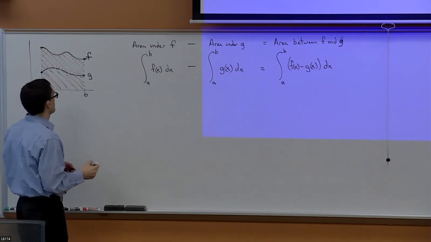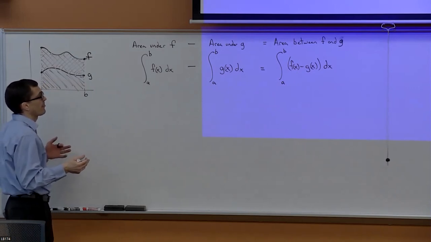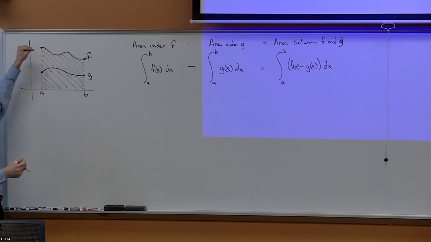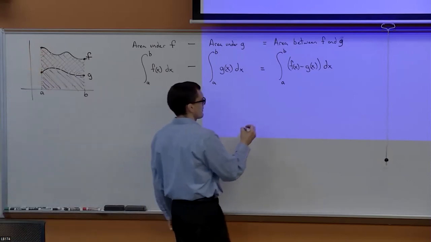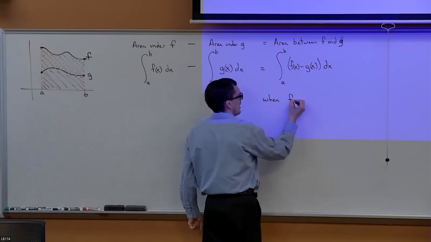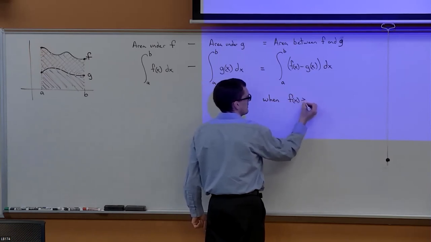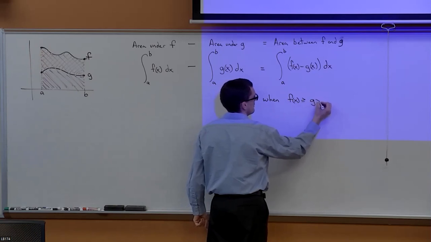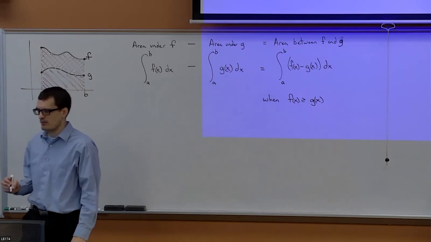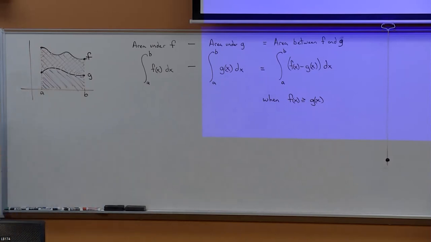Now, there is a note here that we should understand. The way I drew it, the F was always on top, the G was always on bottom. So when F of X is greater than or equal to G of X, F is the bigger one, the one that's on top, and that'll give me a positive area.